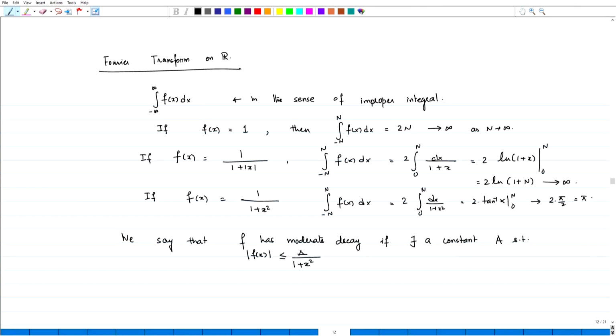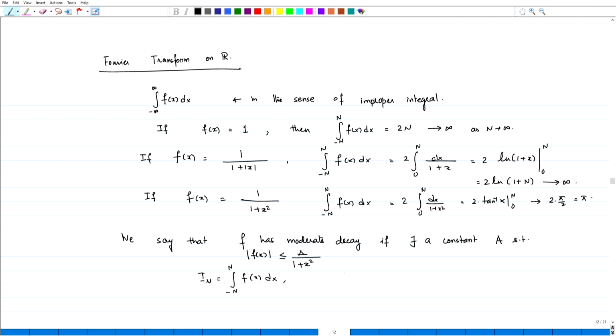Now, if f has moderate decay, let us define I n equal to the integral from minus n to n of f of x dx. We would like to see whether this integral I n converges or not.